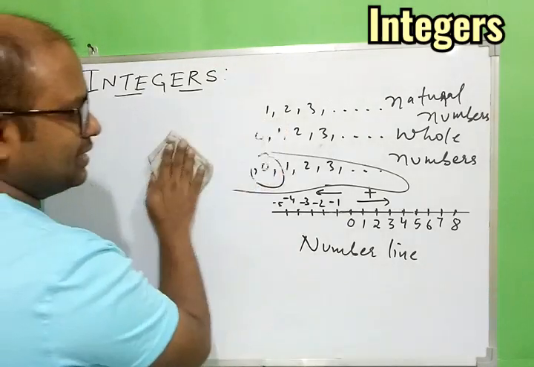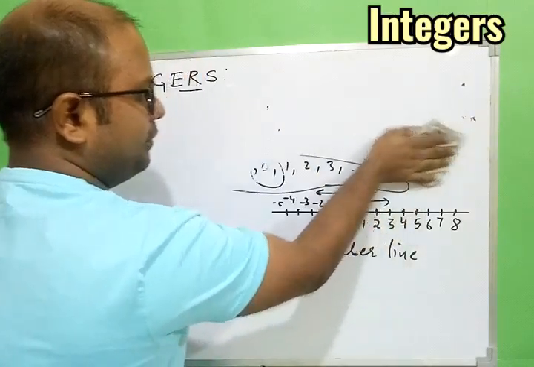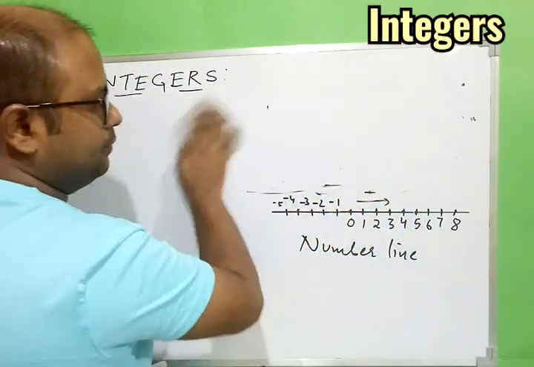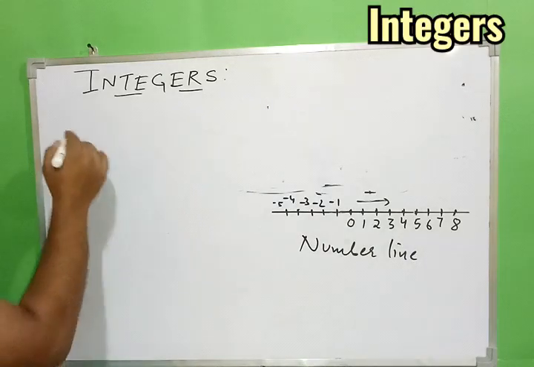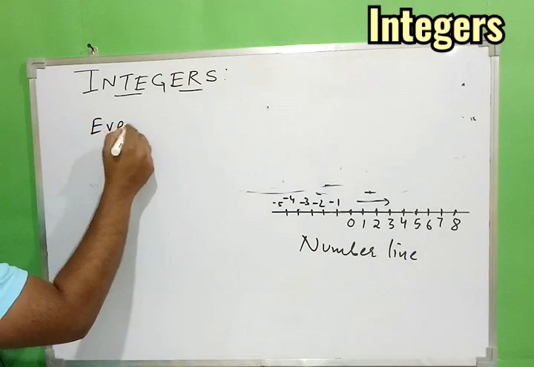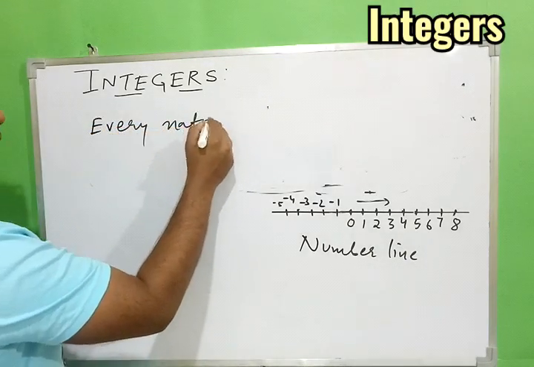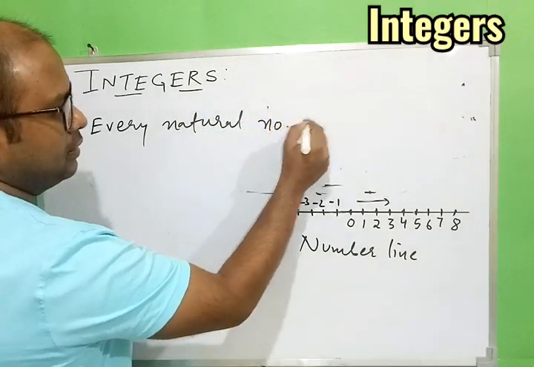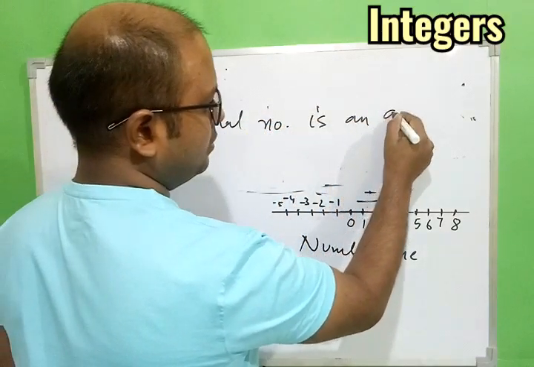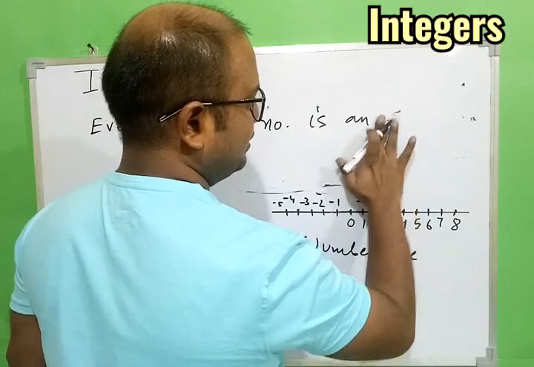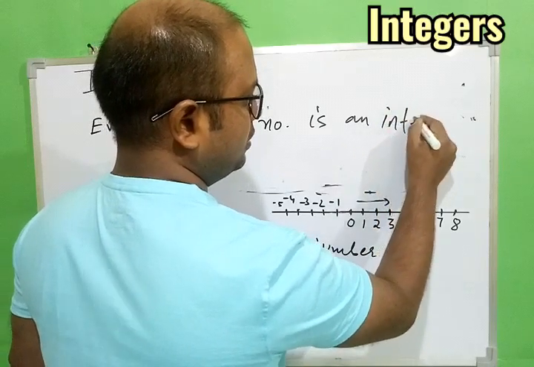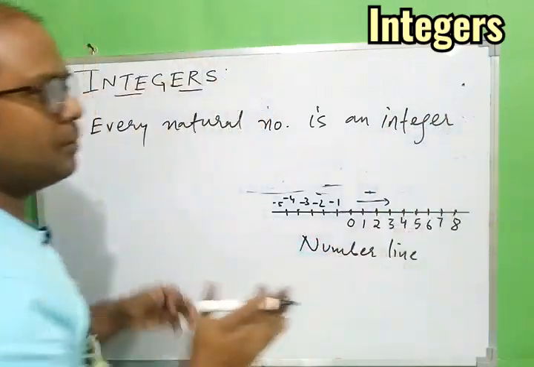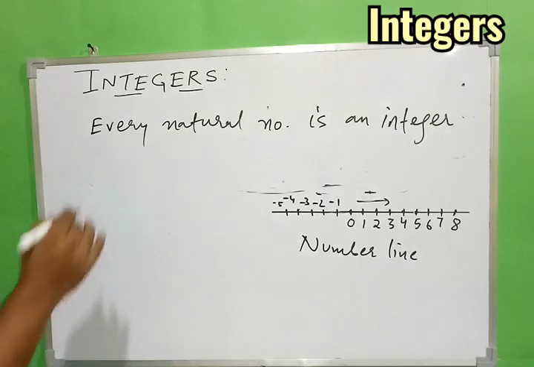So based on this, we can say that every natural number is an integer, no doubt. That is the first thing we have understood, because in the group of integers we have natural numbers.